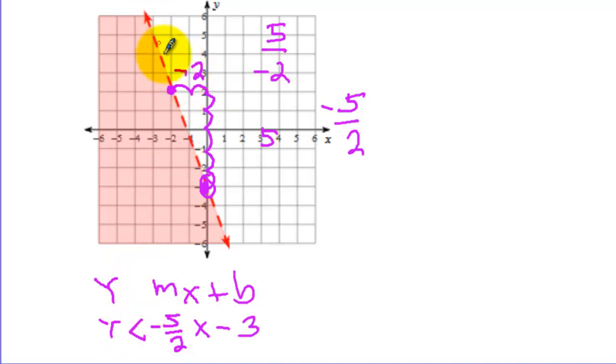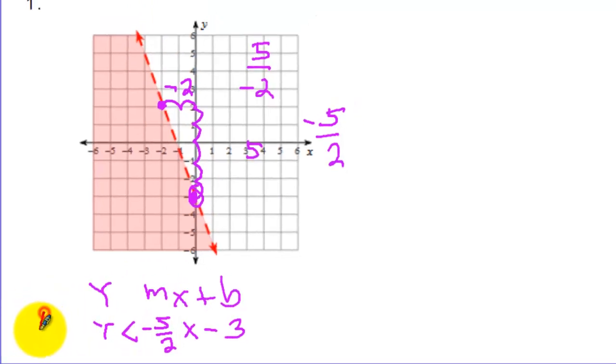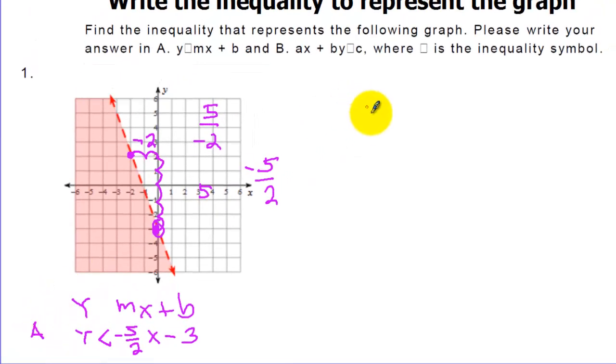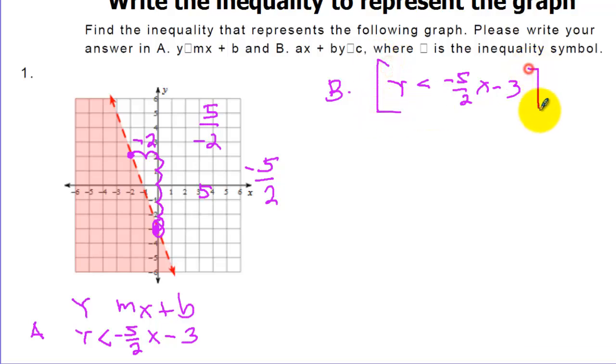Now, since this line is a dotted line, we will not write the line under. So this will be our answer for letter A. For letter B, we just need to rewrite our slope-intercept form into the standard form. First, we multiply both sides by 2.